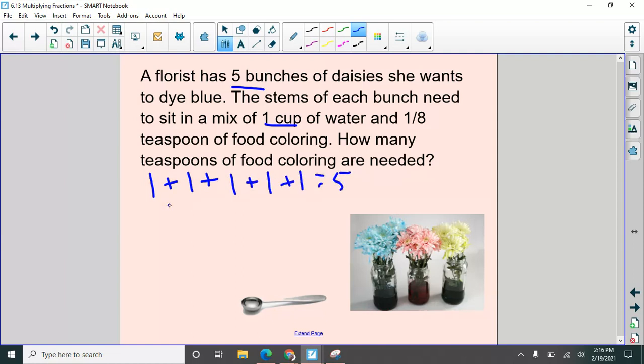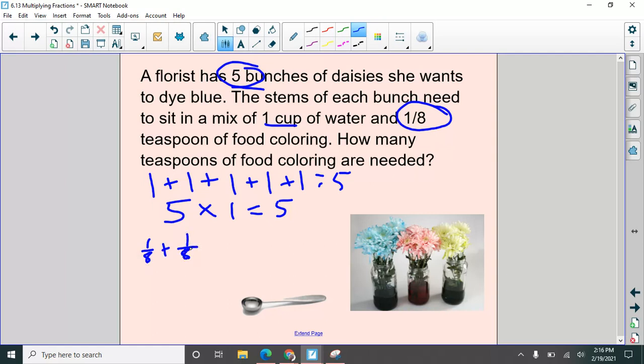Or we could write 5 times 1 equals 5. So you remember this from last year, right? Just repeated addition. Now we have 5 groups, now we're going to do the food coloring. 5 groups of 1/8. We can write that as an adding problem.